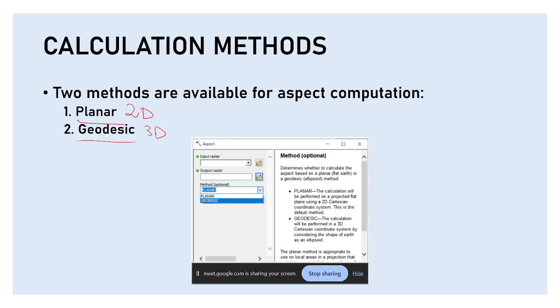And in the geodesic one, the calculation will be performed in a 3D Cartesian coordinate system by considering the shape of Earth as an ellipsoid. So now we'll go through what each of these means, what the planar aspect computation is and what the geodesic aspect computation is.